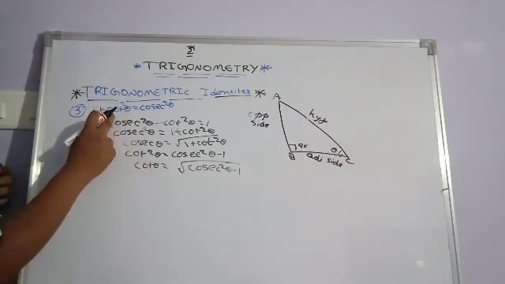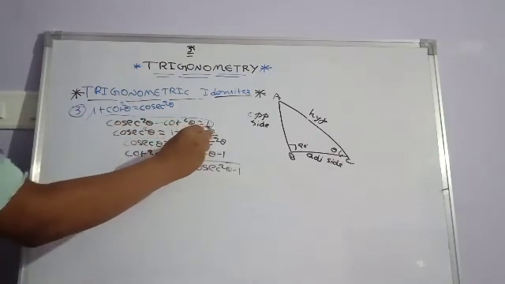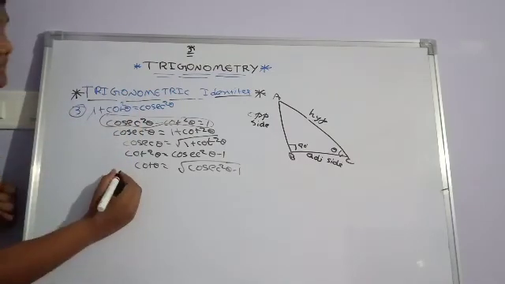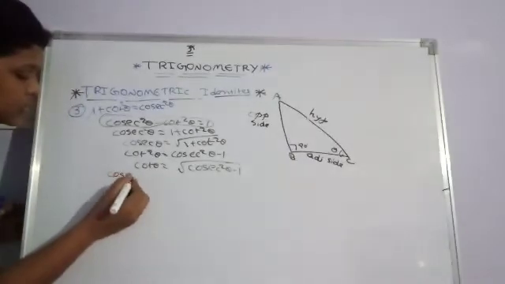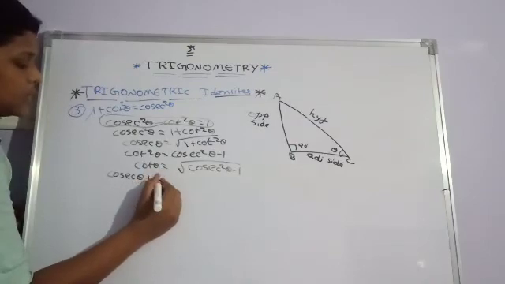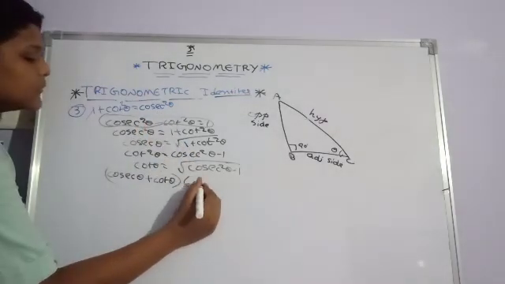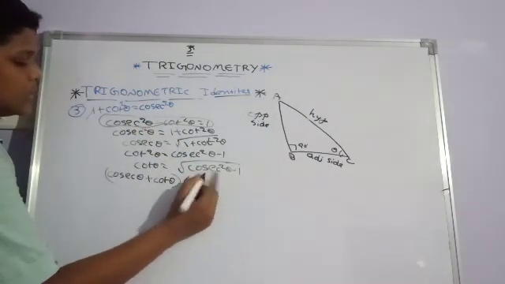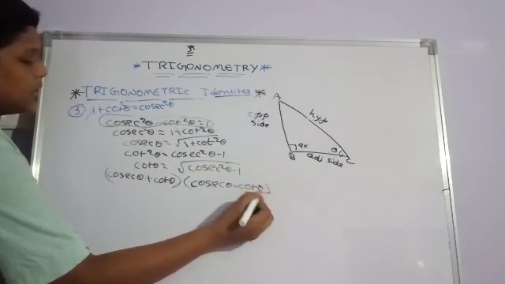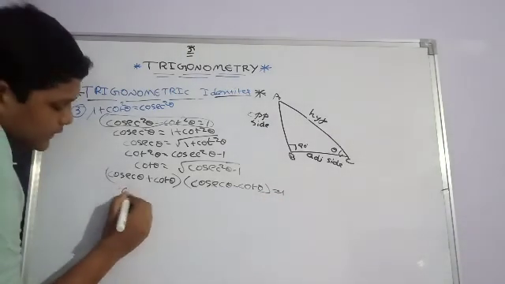As we wrote in the previous one, cosecant square theta minus 1 can be written using a square minus b square is a plus b into a minus b. So cosecant theta plus cot theta into cosecant theta minus cot theta is equals to 1.